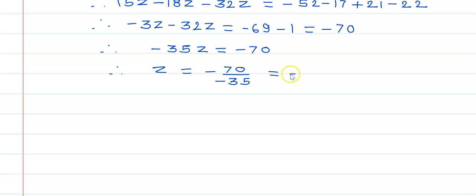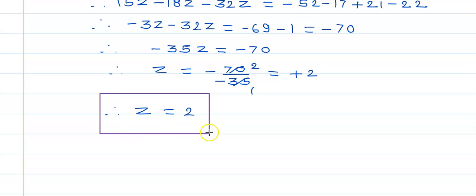Minus and minus will become plus, 35 times 2 is 70, and therefore z is equal to 2. Answer: z is equal to 2.